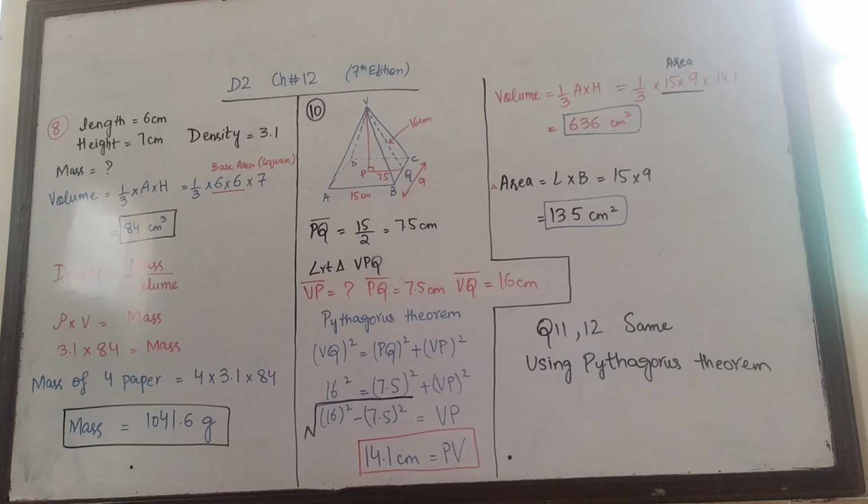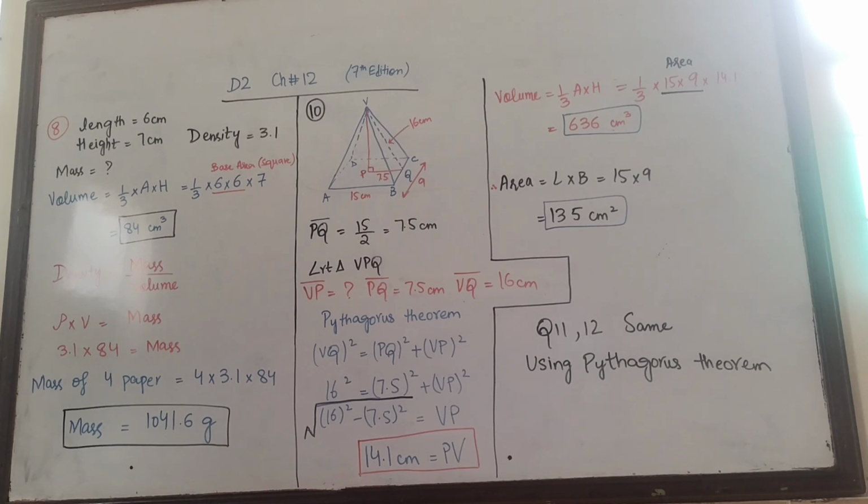Okay, so to find the height VP, you can see that it is VP, PQ and VQ. It becomes a right angle triangle when I have drawn it.